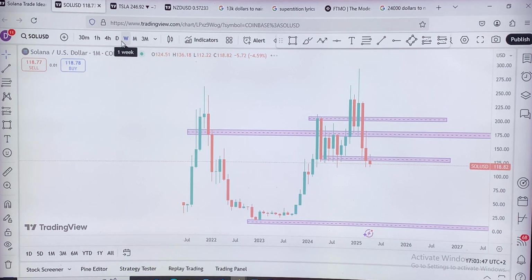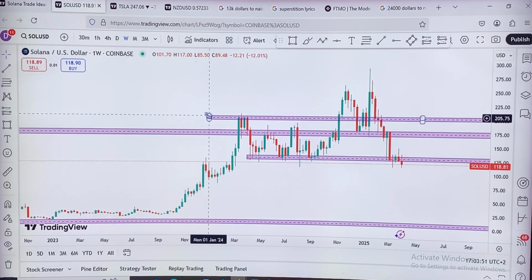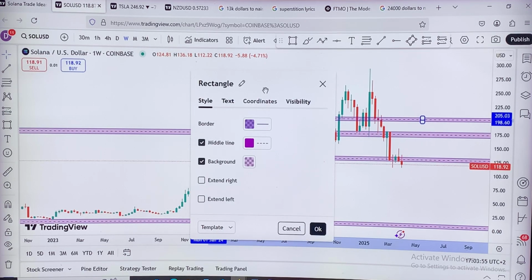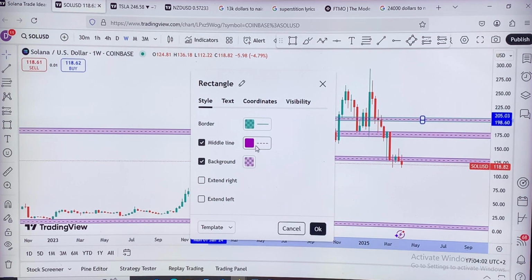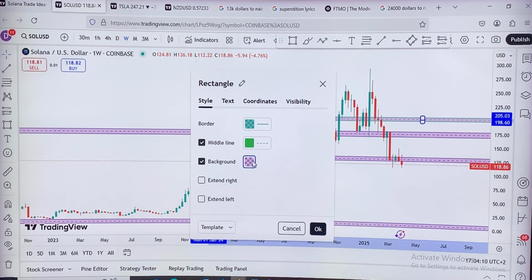The next thing is, let's have a change of color so we can identify these trends. Let's make it green so we can see a difference.